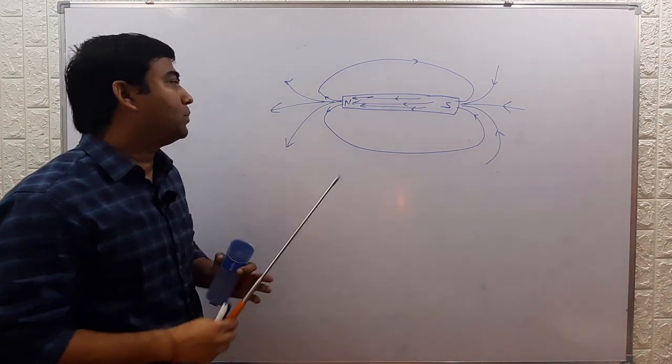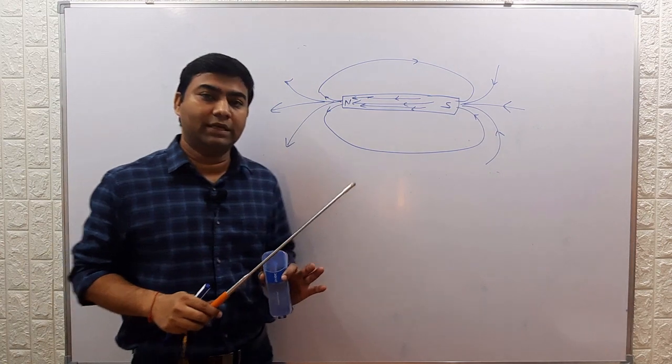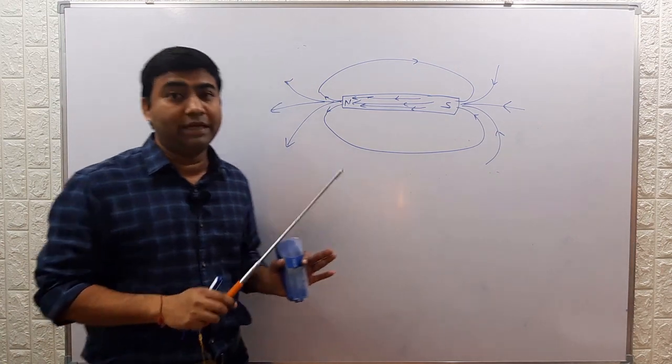The unique property of magnetic field is that magnetic field lines are continuous lines, unlike gravitational and electric field.